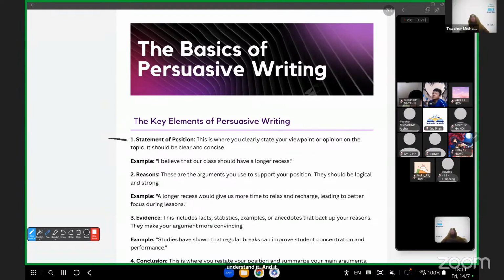It needs to be short and right to the point. No confusing, no mucking around. An example of a statement of position could be something like, I believe that our class should have a longer recess. It's a short sentence, and by hearing it or reading it, you know what it means.